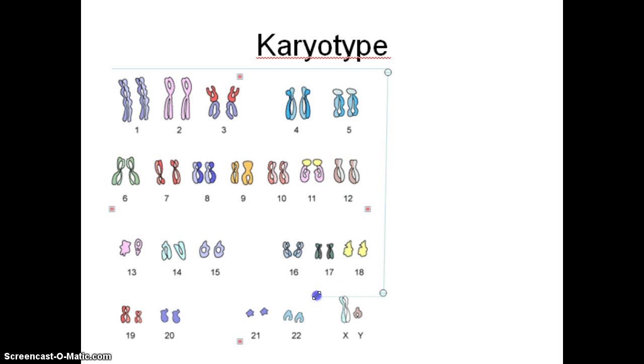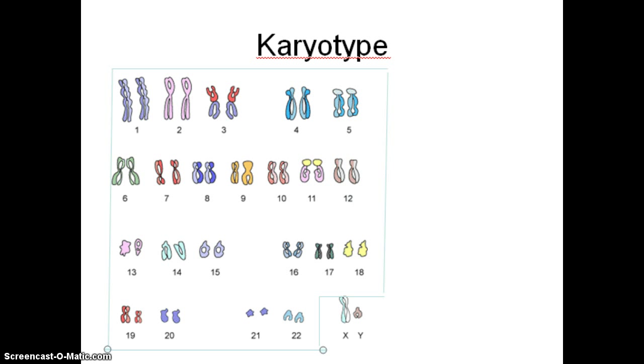Auto means self, soma means body. So literally translated, they're the chromosomes that make our bodies what they actually look like. So we call the chromosomes 1 through 22 autosomes.